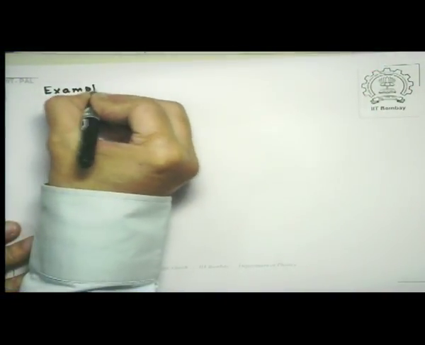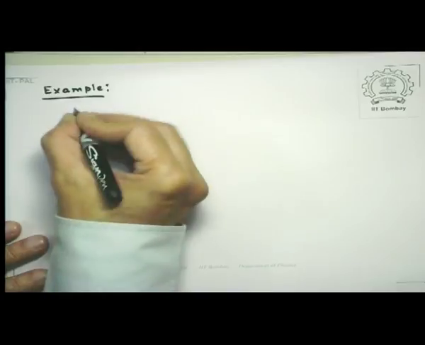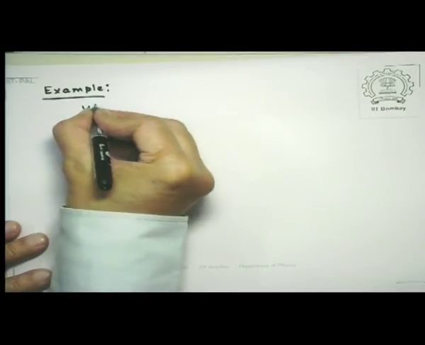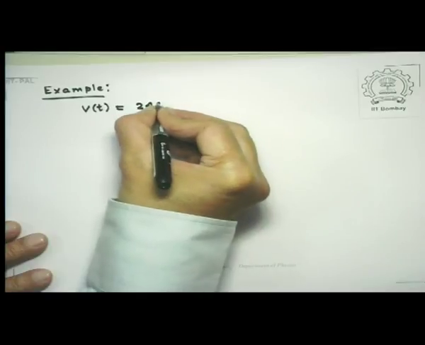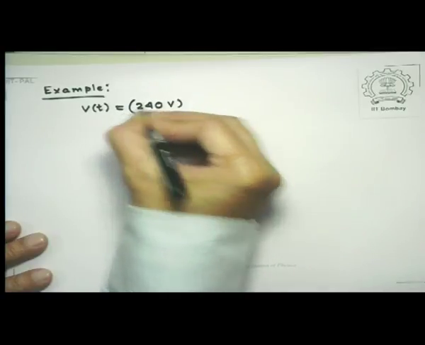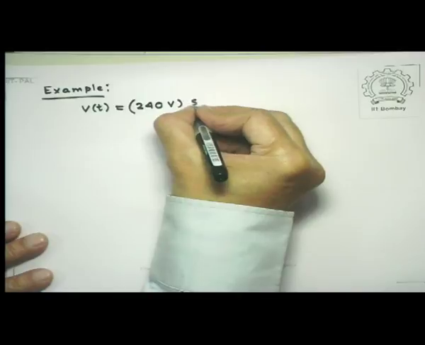Let me give you another example. Let me take an LCR circuit with the alternating voltage being given by 240 volts times sine omega t.